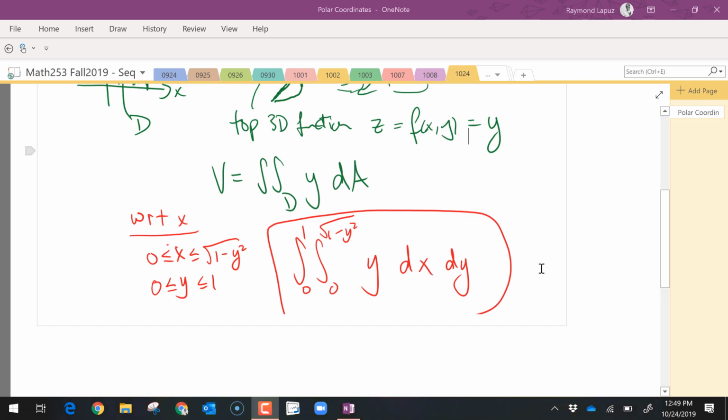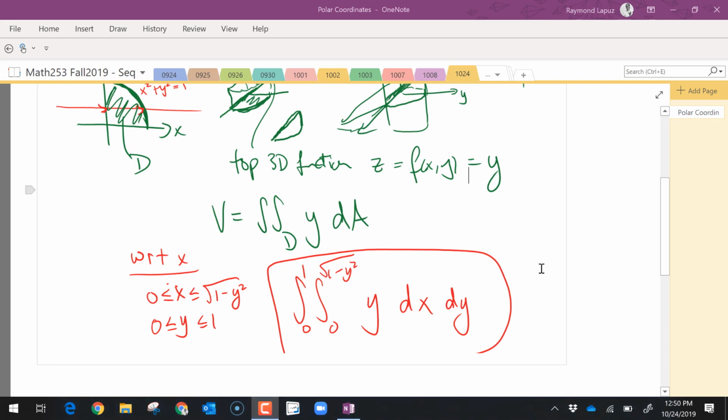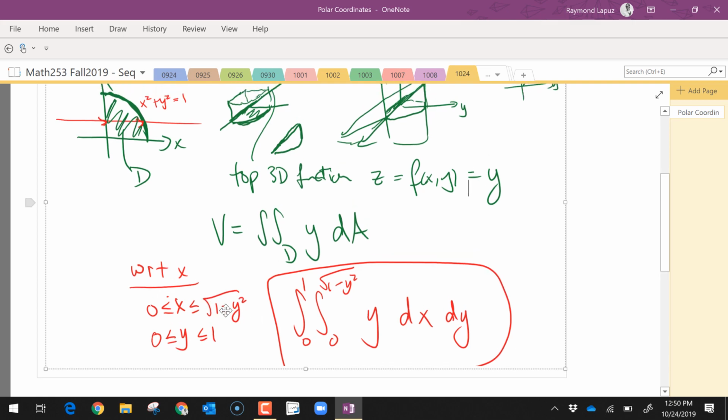But the idea of circles is going to come up for us quite a bit, and so it might be good to be prepared to handle circles in an easier manner instead of always having to come up with this 1 minus x squared or 1 minus y squared business. So what we're going to do is take a look at problems like this and allow ourselves to go into polar coordinates.